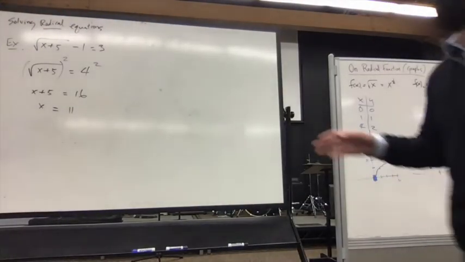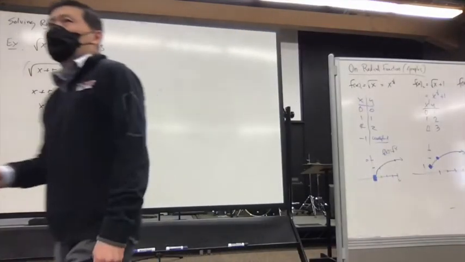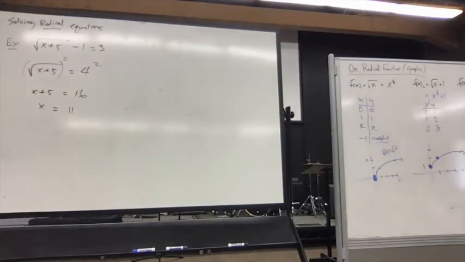Now, every time you square or take a square root, or do something to both sides of the equation and end up with an answer, you really have to go back to the original equation and see if the answer is correct, because you in some way made a transformation of the original thing.